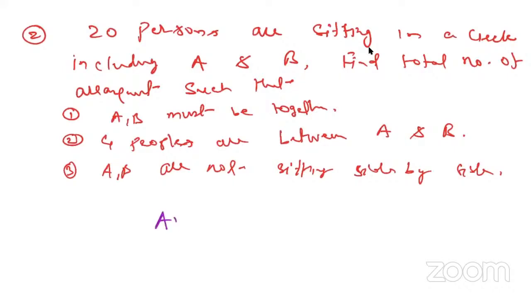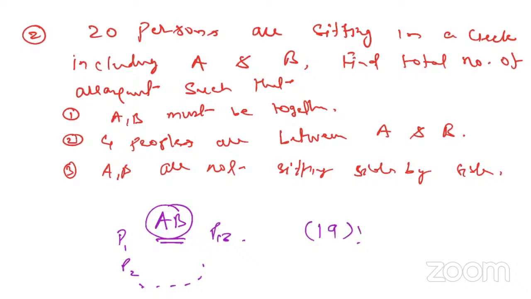So if A and B are together, like 18 different people are there. So total number of people in this case, if A and B we are taking as 1, so this will be factorial of 19 for arrangement of 20, right? 20 people.